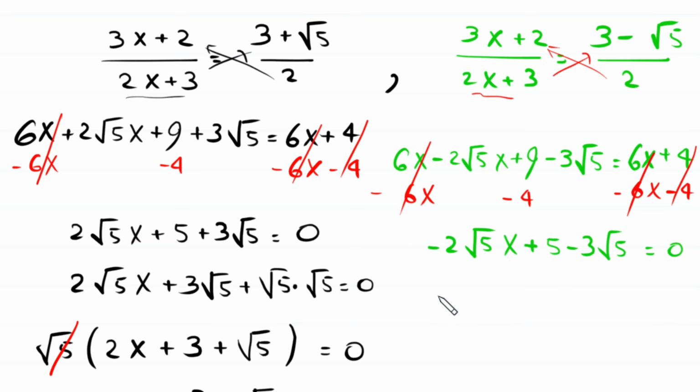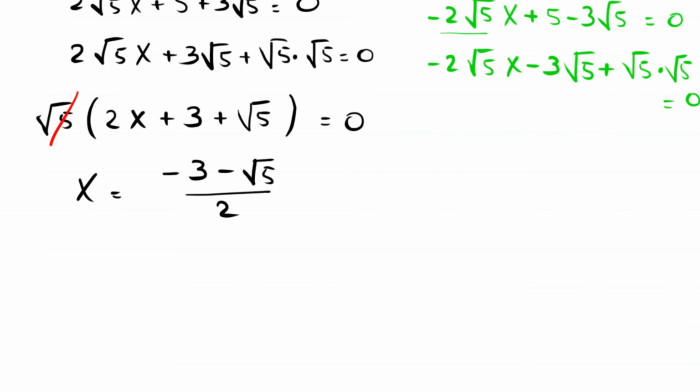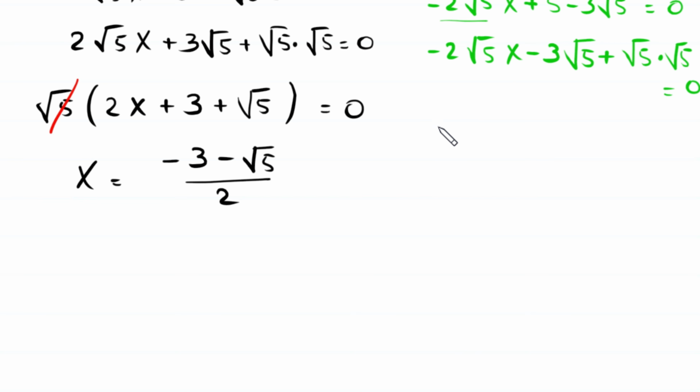Rearrange these terms. We write this term first, negative 2 times root 5 times x, and this negative 3 times root 5. This 5 can be written as root 5 times root 5, equal to 0. From the left hand side we can factor out negative root 5.